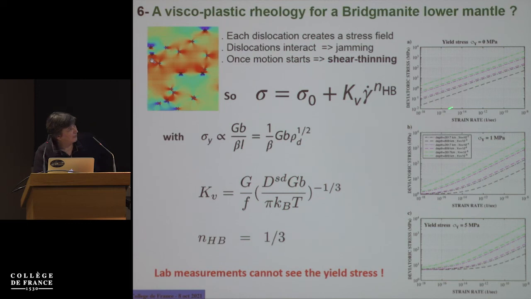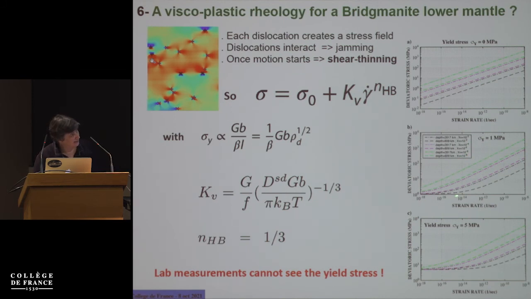Well, that's quite unfortunate because they will never be able to see a yield stress that can be inferred from climb creep in the mantle. Because we have yield stress typically of 1 to 10 or even 100 megapascal.